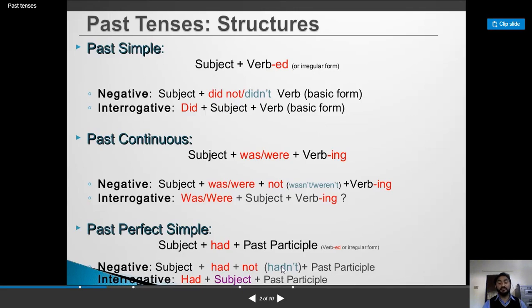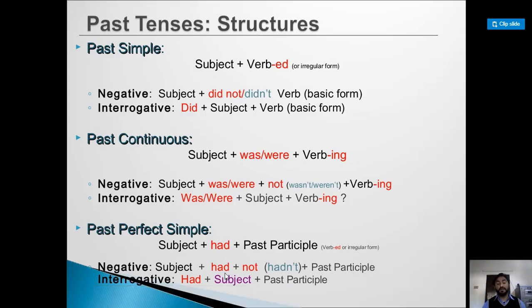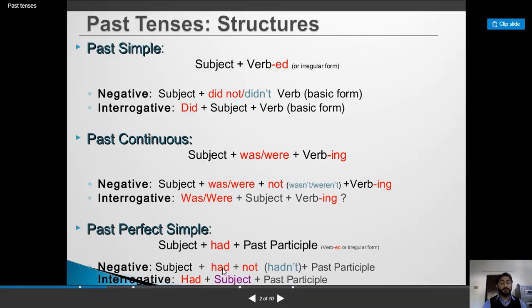You can also use hadn't with the past participle. And one thing that should be kept in your mind, not should be placed between the auxiliary verb had and the main verb.